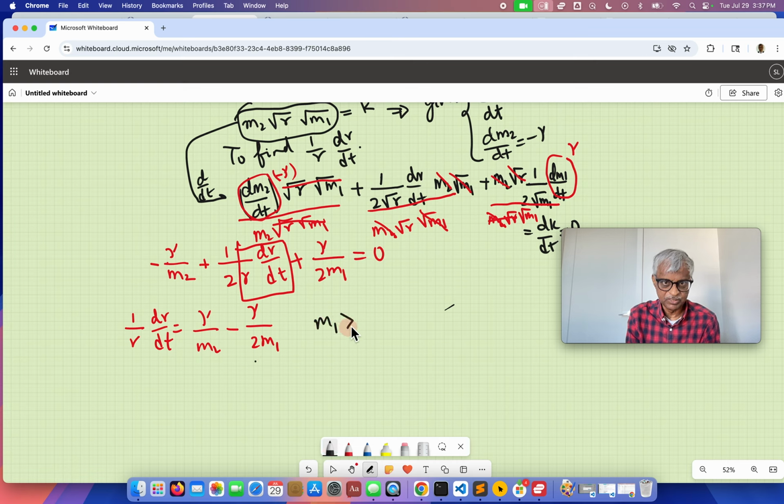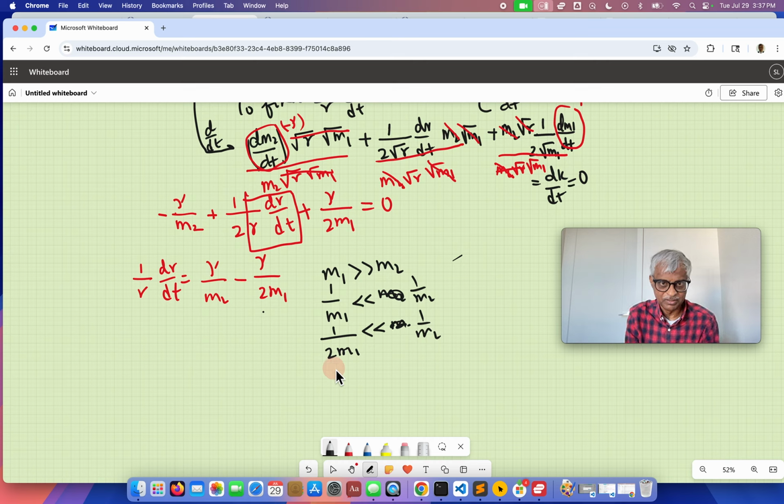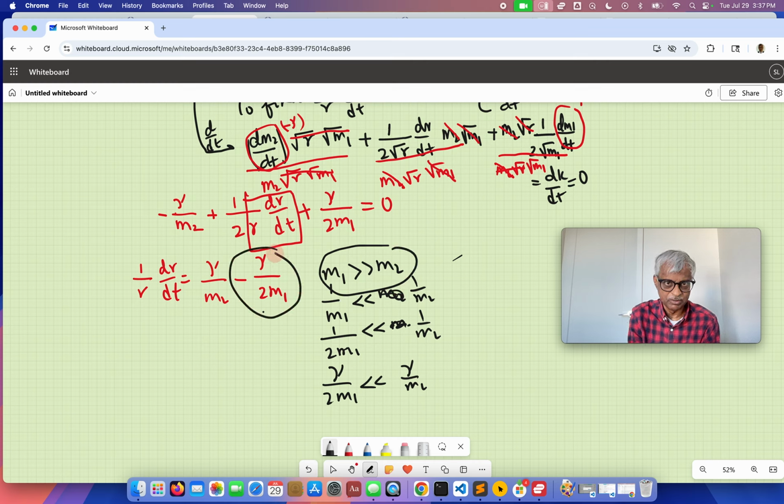So we have m1 much greater than m2. Then 1 over m1 will be much less than 1 over m2. Of course, gamma over 2m1 is much less than gamma over m2. So using the same level of approximation, this guy is negligible. We can drop it off.